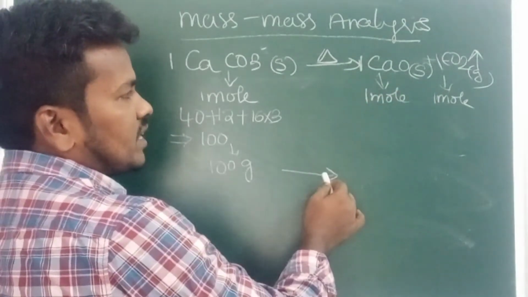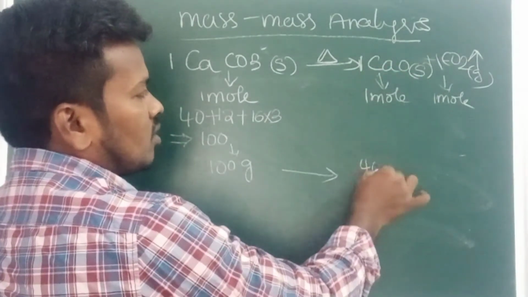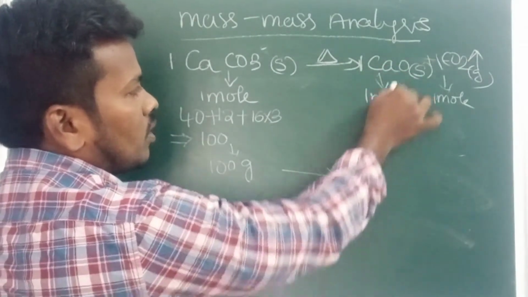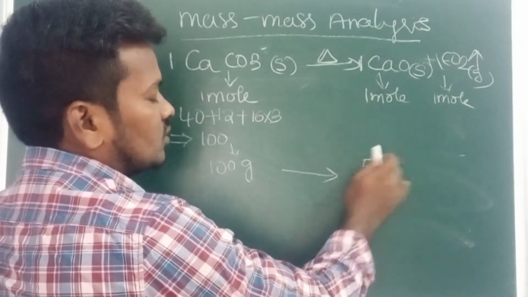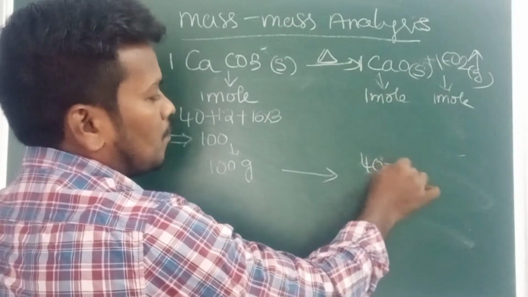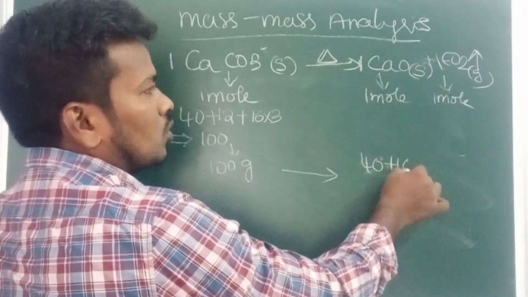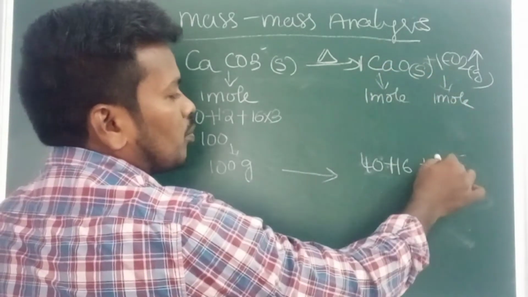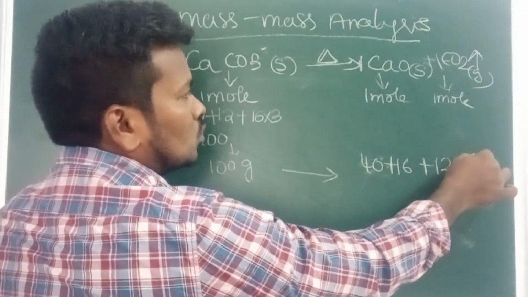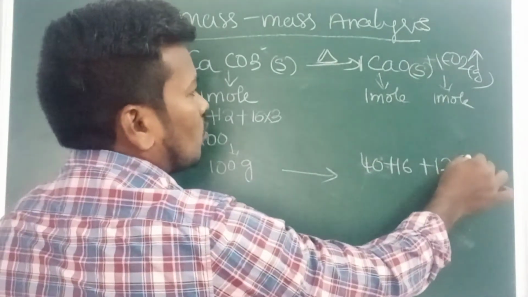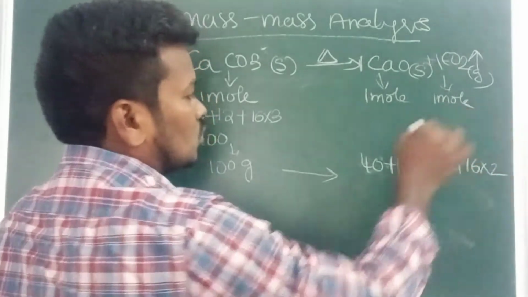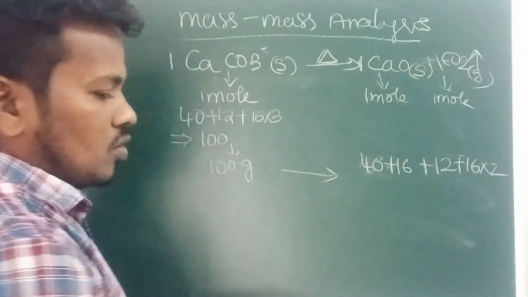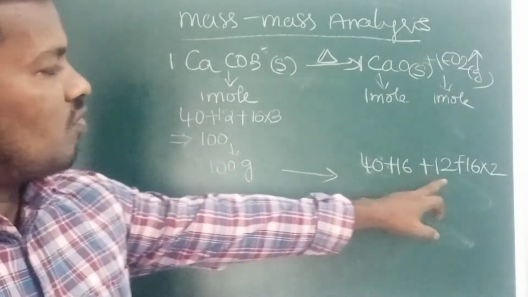Calcium oxide: calcium is 40, oxygen is 16, so it is 56. Carbon dioxide: carbon 12 plus oxygen 16 into 2, this is 44.